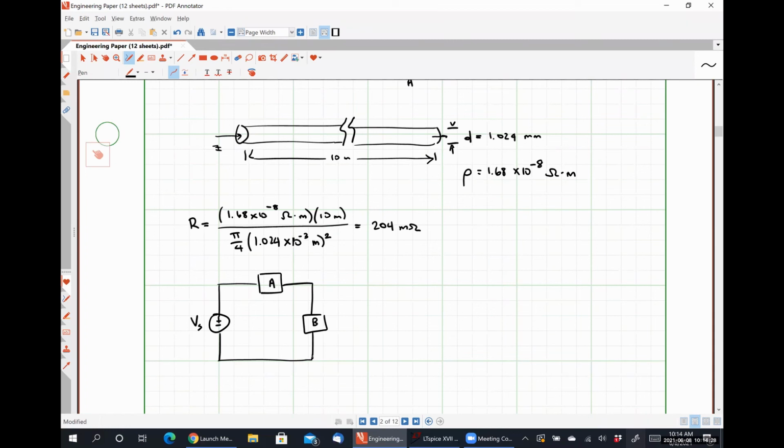Well, let's say that element A and element B were resistors.